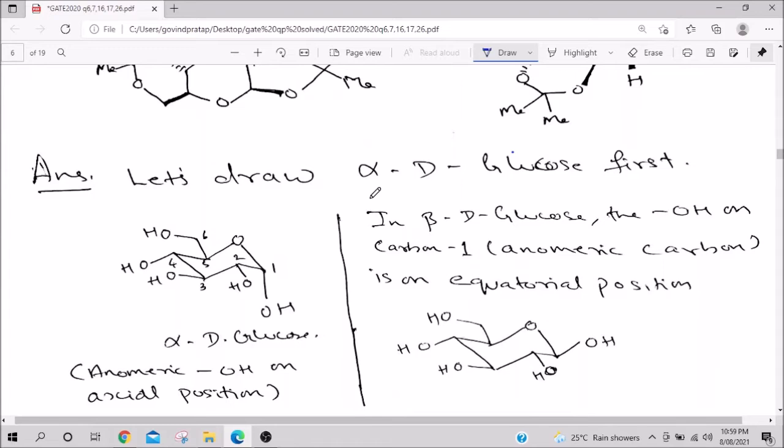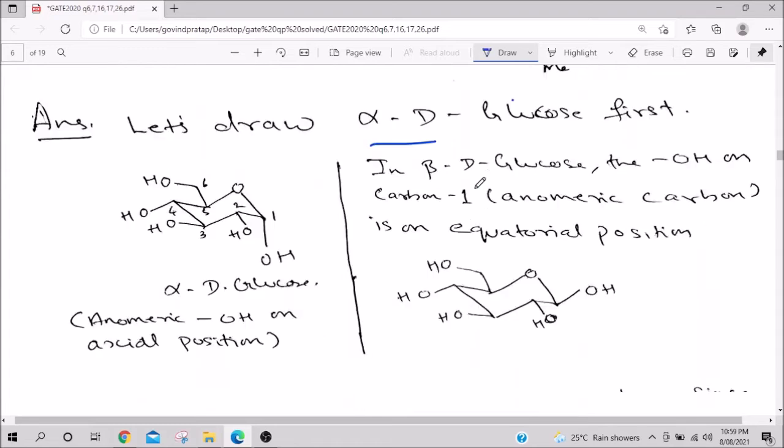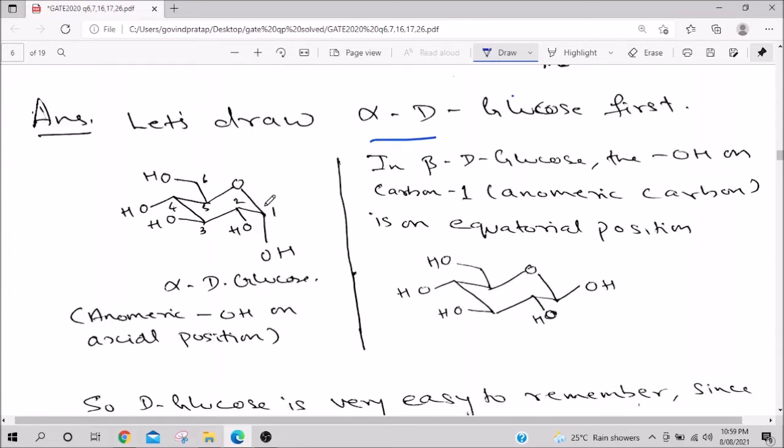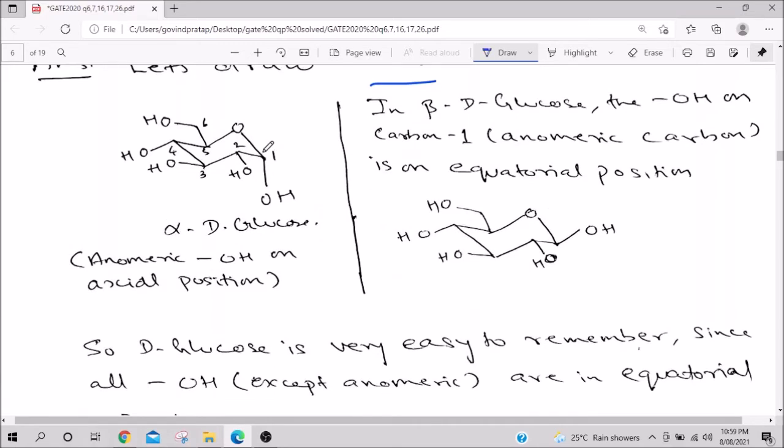So, it says alpha D glucose. Let me draw alpha D glucose. For me, it is always convenient to draw the chair conformation. So, it is very easy for us to make glucose. Why? Because forget about this anomeric carbon, that is carbon number 1 which I have drawn. Let us look from carbon number 2.